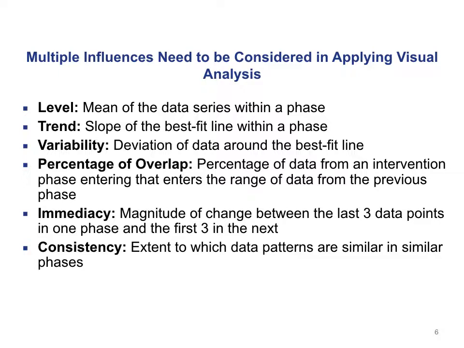Consistency. This is the idea of data patterns happening across phases in single case design. So in the multiple baseline example, that's kind of the classic way to look for consistency: did we see the same type of phenomenon across the 3 or 4 replications? But we can see this across all single case design data.